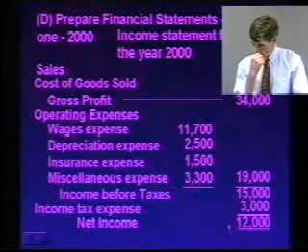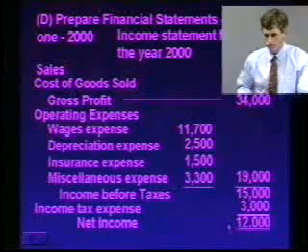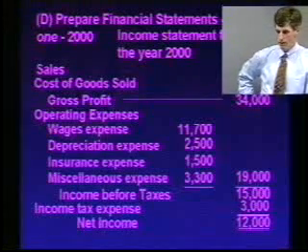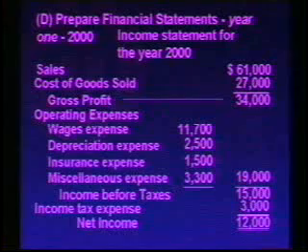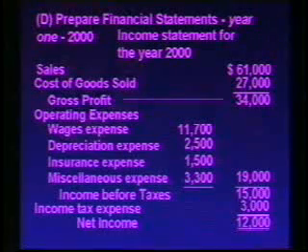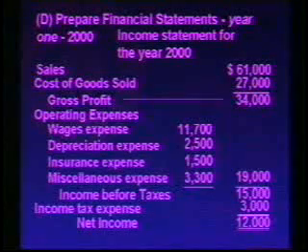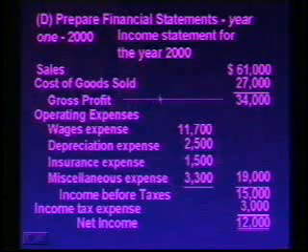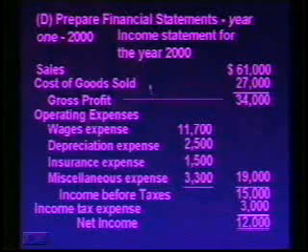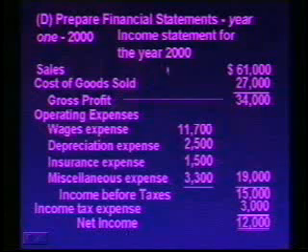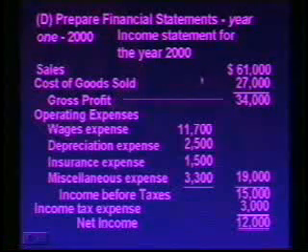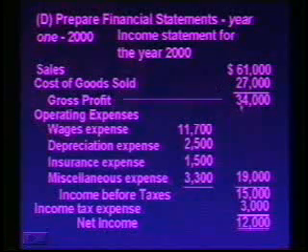Last thing, we take a look at the income statement. Notice the form of the income statement. Sales comes first. Now, usually what we do is we put sales less cost of goods sold, and what that gives us then is a thing called gross profit. This is especially important for manufacturing concerns, right? So it would be the amount of the sale less the cost to produce the goods gives us gross profit.